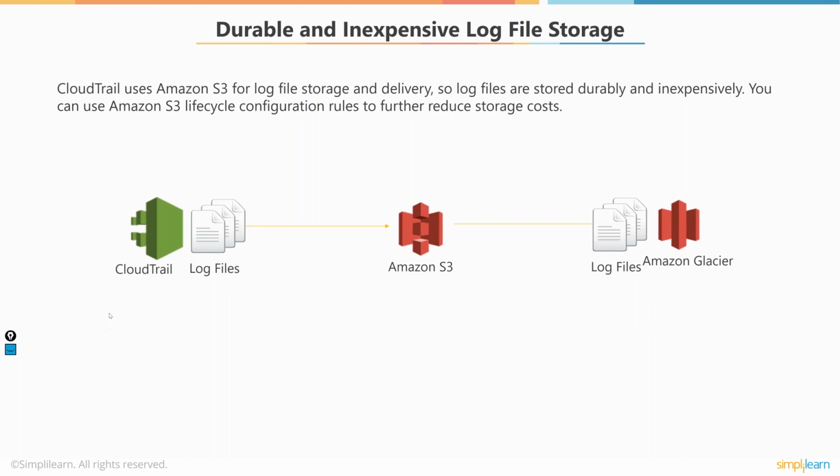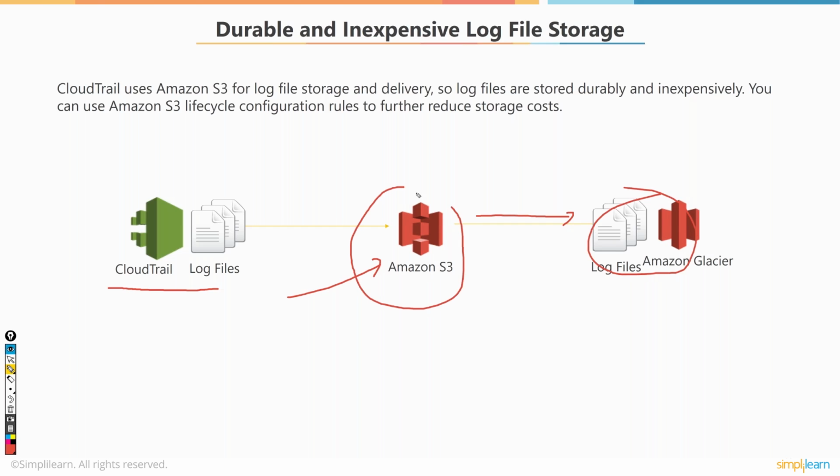Also, it's very important to remember that, as I mentioned before, all those logs that CloudTrail generates are stored in S3, which means they are stored in a bucket, and you can access them. Or if you want, you can move them to Glacier, which means archive for cheaper storage.